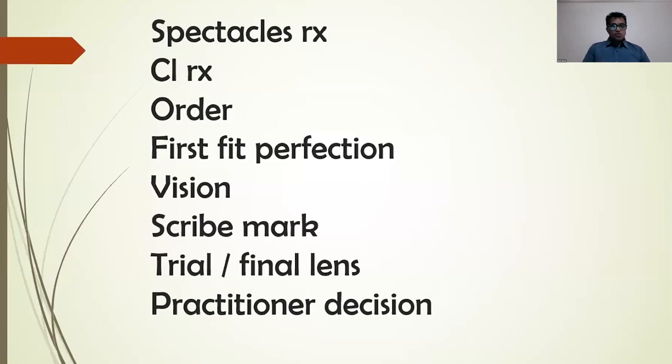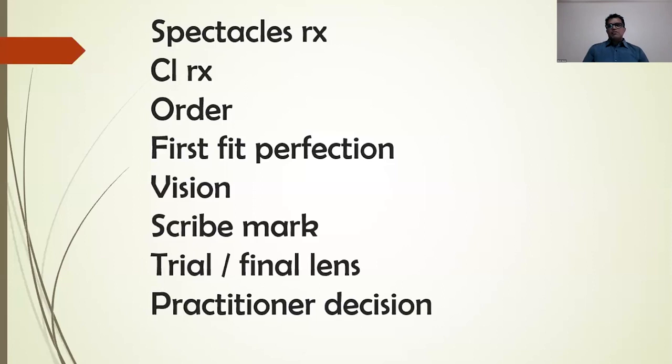You check that the vision is very good. With your spectacles it was 6/6, and you have achieved 6/6 with your toric lens also. You check your scribe mark on the slit lamp, or even with a torch, sometimes you can just locate the scribe mark and see whether it is right in the place where it wanted to be, and then you decide.